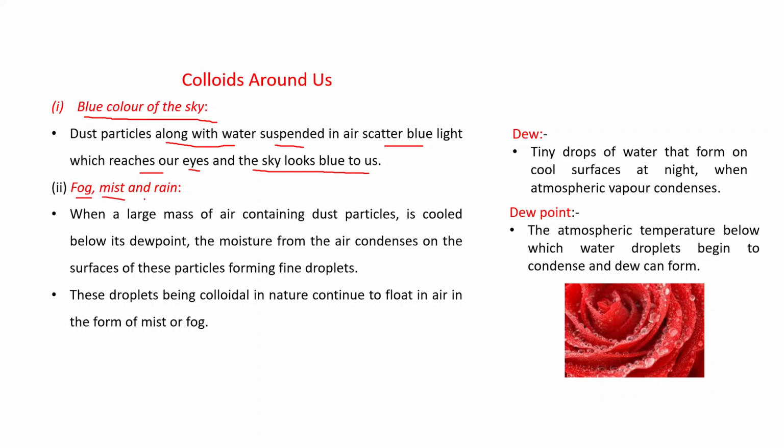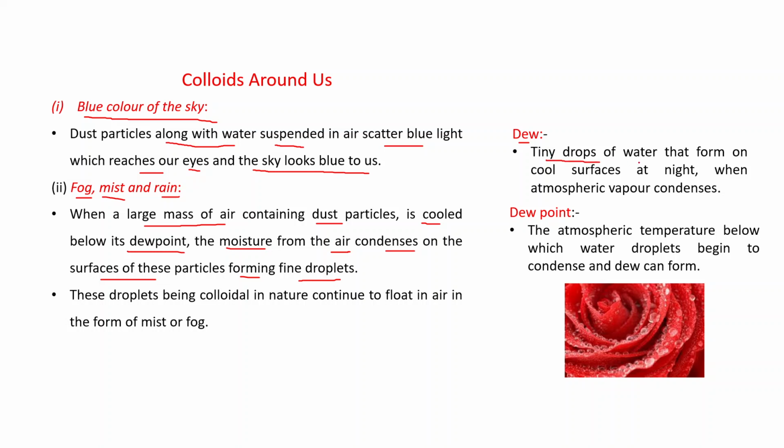Fog, mist and rain. What are these? When a large mass of air containing dust particles is cooled below its dew point, the moisture from the air condenses on the surfaces of these particles forming fine droplets. What is dew?